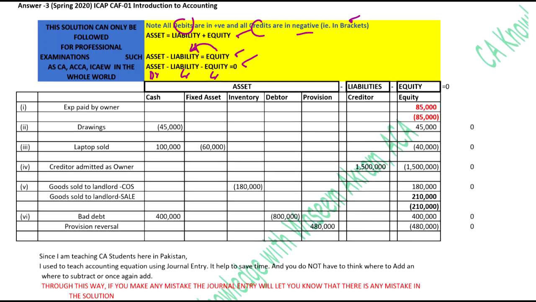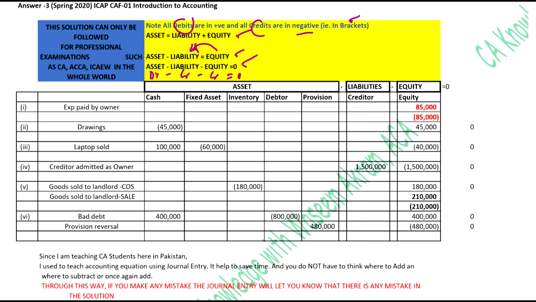Debit minus credit is equal to 0. So, first adjustment, expense debit and capital credit. Expense debit, capital credit. And you know that all the expenses ultimately transfer to the equity, the capital.